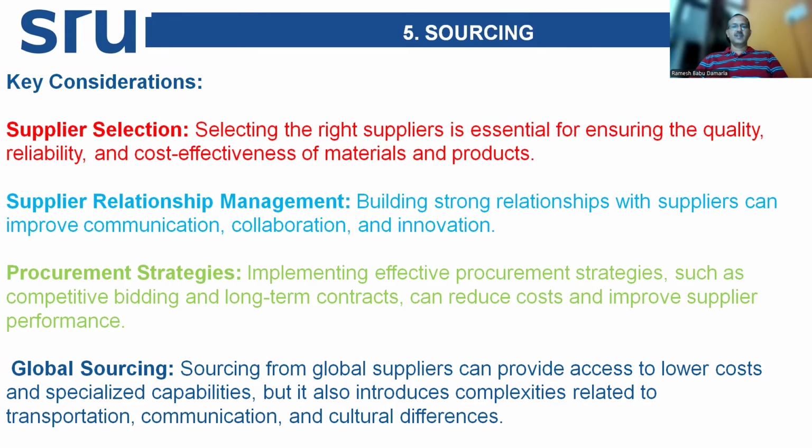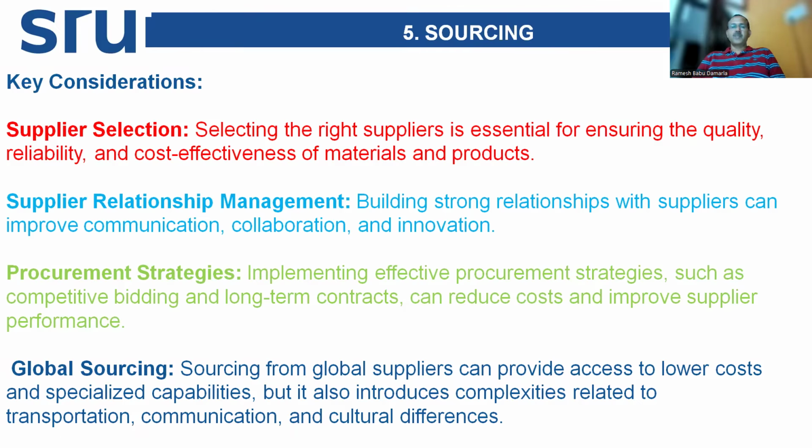Procurement strategies. So implementing effective procurement strategies such as competitive bidding and long-term contracts can reduce costs and improve supplier performance. So to procure materials, you cannot buy in a small scale, correct? So when you buy large scale, definitely you should go for competitive bidding. So companies would go for contracts, they advertise in appropriate online platforms or newspapers about the requirements.